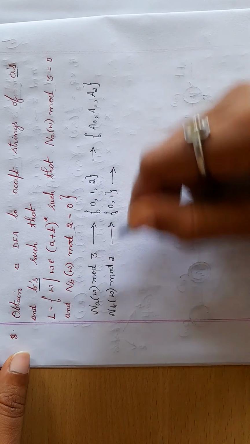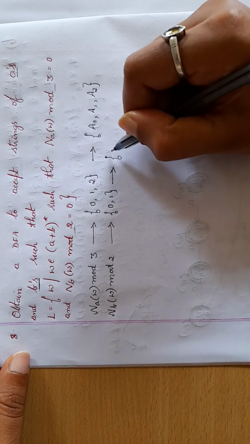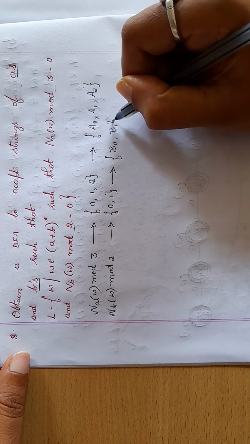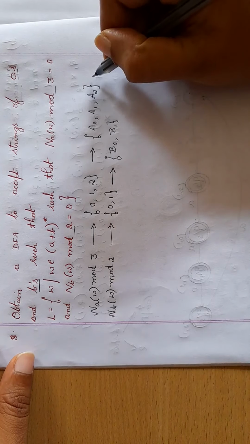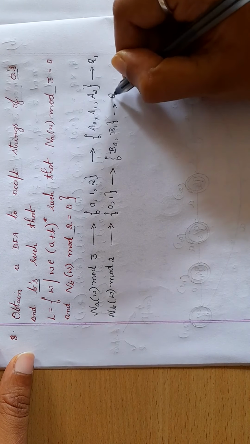Similarly, for the number of B's, 0 and 1, I'll take B0 and then B1.